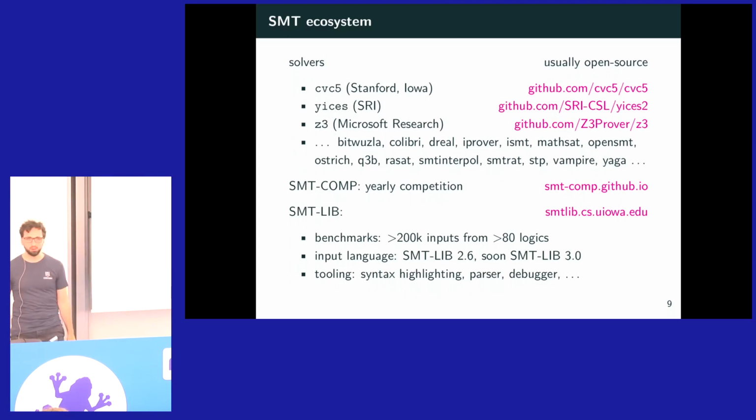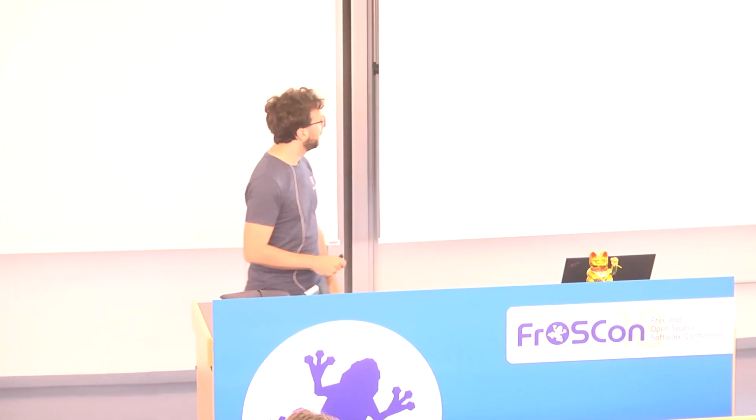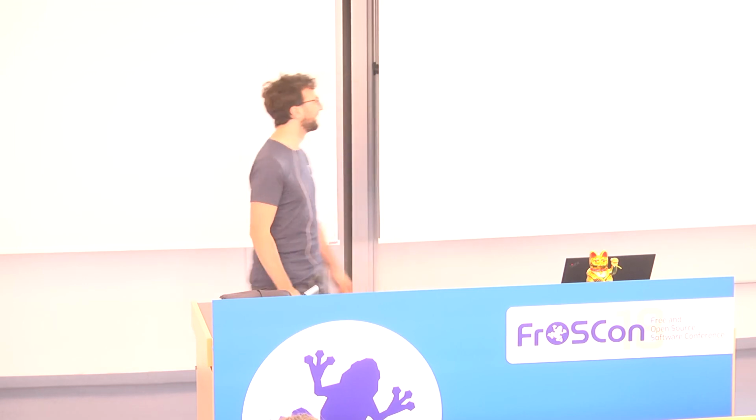Once you get your benchmarks in, which is just a matter of adding some metadata in a predefined format, then the solvers have to compete on your benchmarks in the next SMT-COMP, which is kind of the main performance indicator for solvers. And then solvers will become better on your benchmarks.